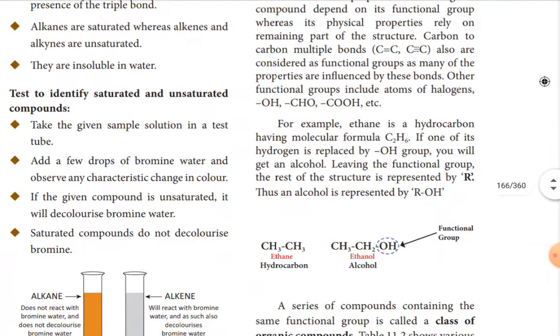The remaining part, that is CH3, the remaining part, that is ethyl or methyl or propyl or butyl, that part defines the physical property of the compound. So there are two parts. One is the functional group, the other is the remaining part of the parent hydrocarbon that defines the physical property of the compound.